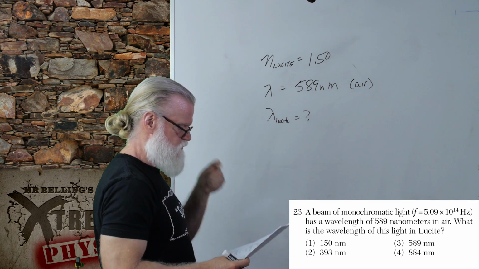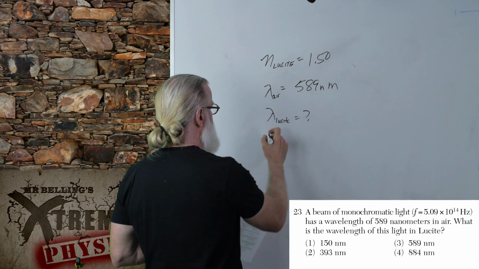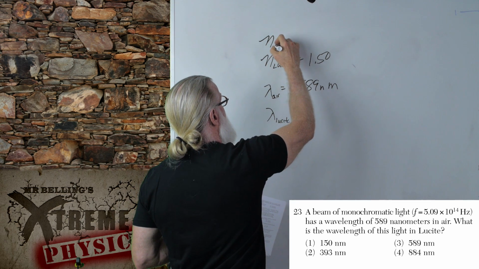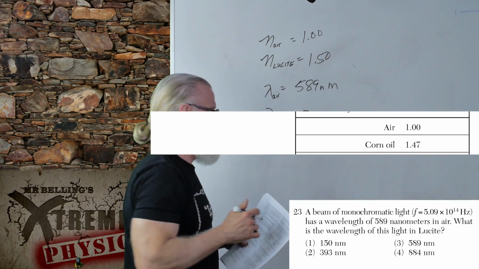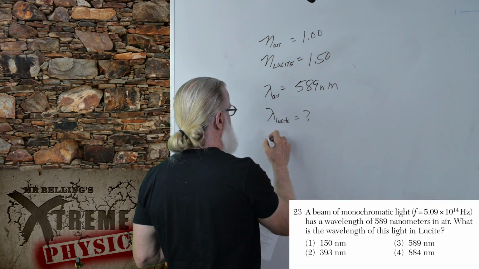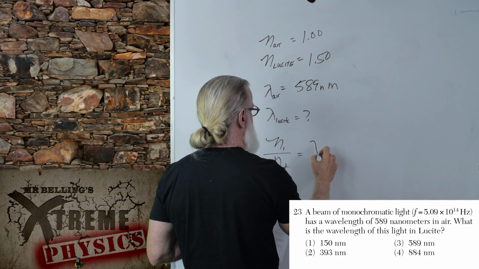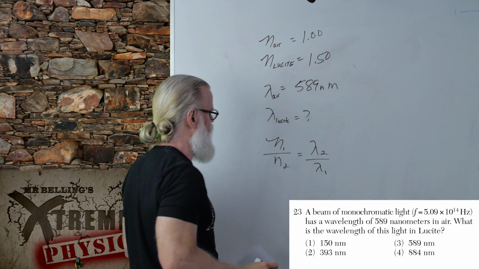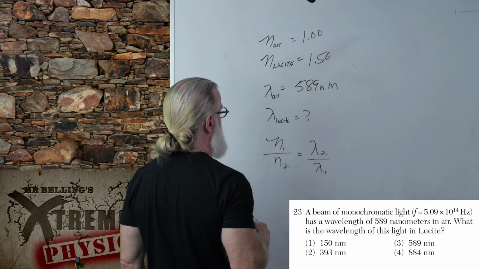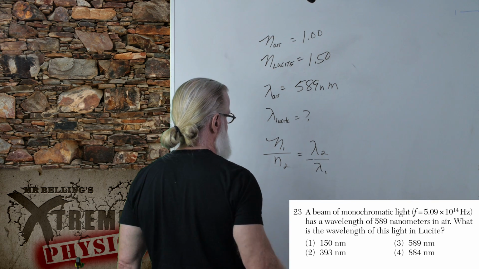And actually, I should have put this here, air. And also, we know the index of refraction in air is 1. The reference table has this handy-dandy relationship: the index of refraction in 1 over the index of refraction in 2 equals the wavelength in 2 divided by the wavelength in 1. Basically, we want to know the wavelength in lucite, so let's make that 2.